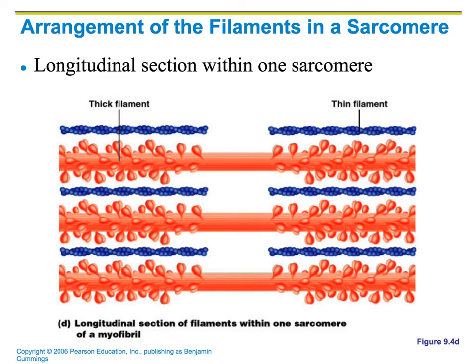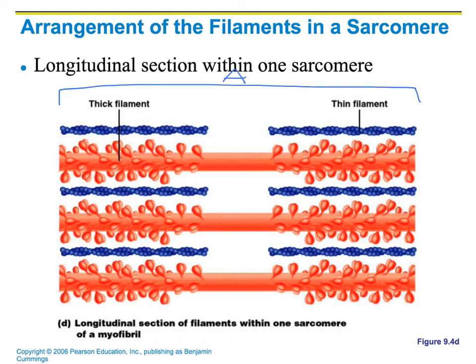This is a zoom in here. I think it is worthwhile to spend some time on. What you have here is a portion of an A band. Actually, this is a large portion of the A band. This entire length here will be considered the A band. So that's the A band.